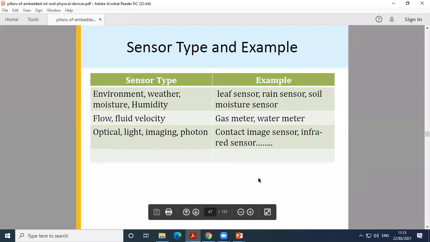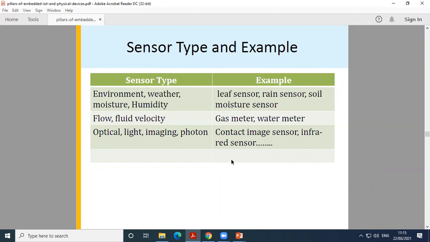For optical light and imaging, we have contact image sensors or infrared sensors, the IR sensor. For flow or fluid, we have flow sensor, gas meter, and mass flow sensor. For navigation, we have the MHD sensor. So these are the different types of sensors with their examples.